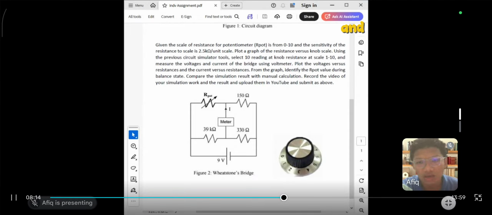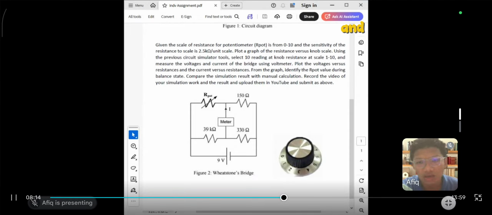We are using a potentiometer for our R port, which operates on a knob scale from 0 to 10. Crucially, the sensitivity factor of this potentiometer is 2.5 kilo ohm per unit scale. This means at full scale 10, the maximum resistance is 25 kilo ohm.